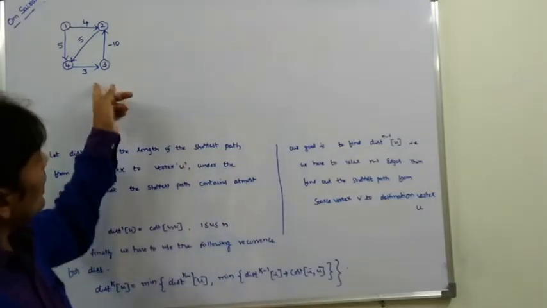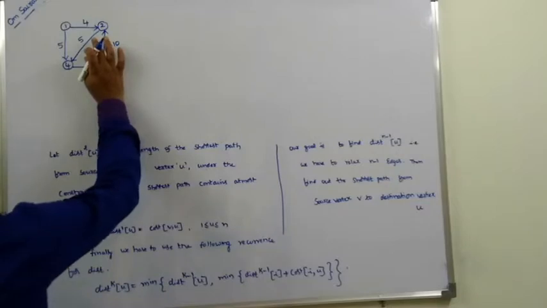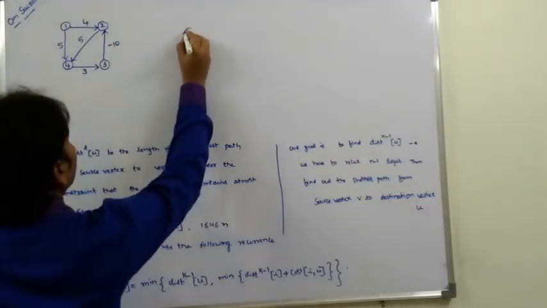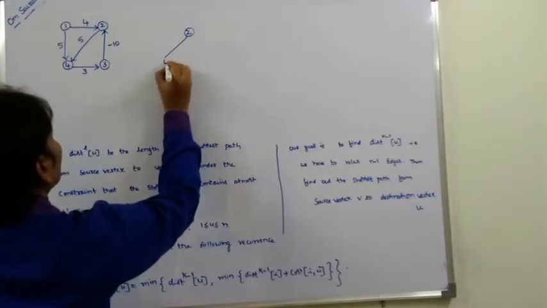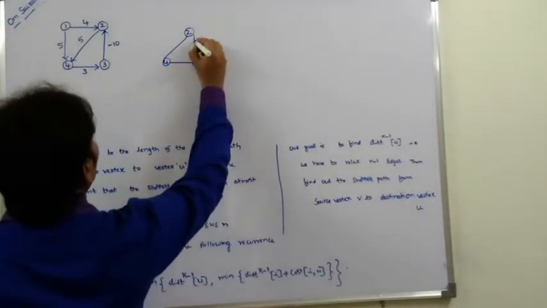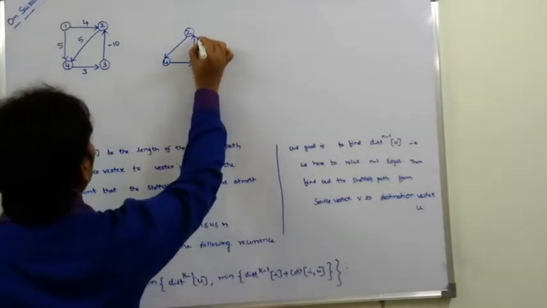Suppose we consider the given graph. If there is a cycle in the given graph, that cycle is 2 to 4, 4 to 3, 3 to 2, 2 to 4, 4 to 3, 3 to 2.